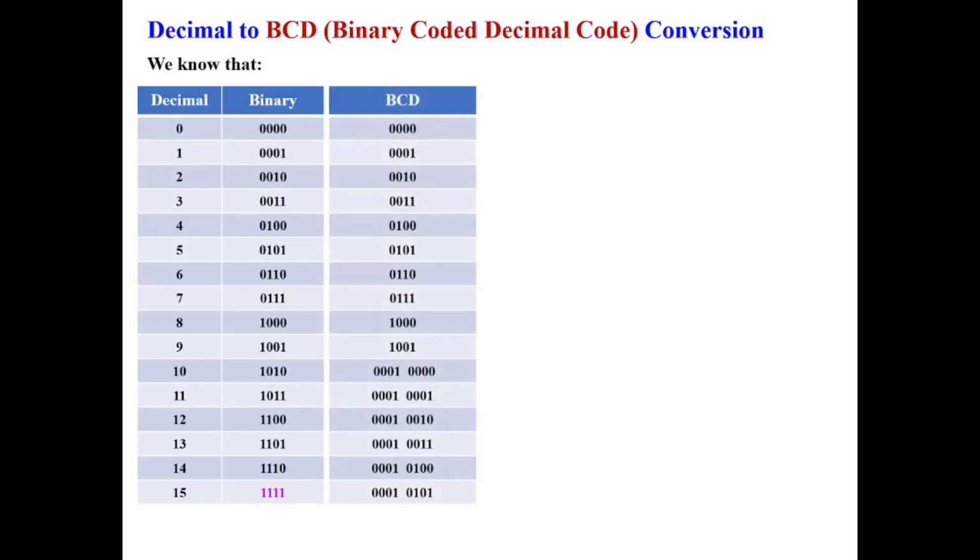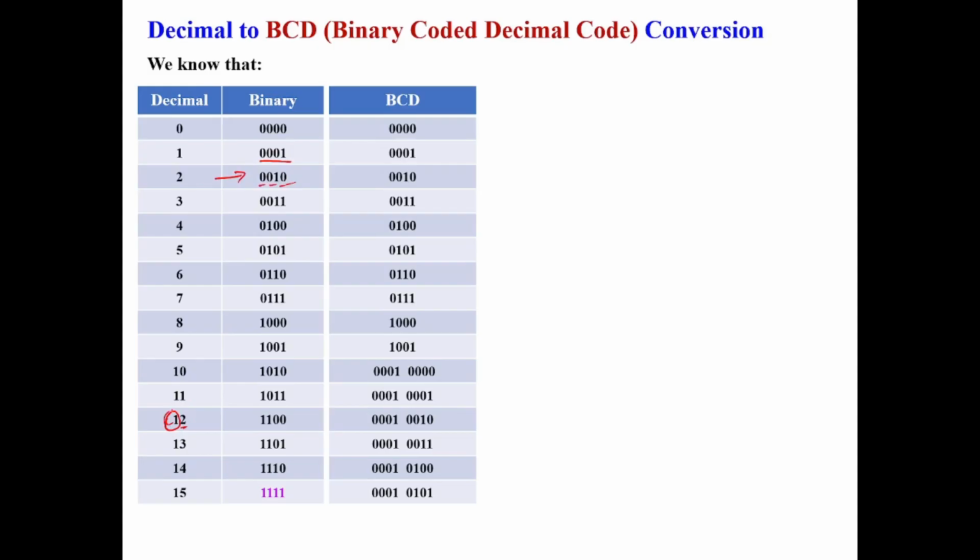Now, how will the BCD or binary coded decimal code be? See here, follow this number 12. 12 is a 2-digit number. One is the digit 1 and the other is the digit 2. The digit 1 can be represented by a 4-bit binary number, 0001. The digit 2 is represented by a 4-bit binary number as 0010.